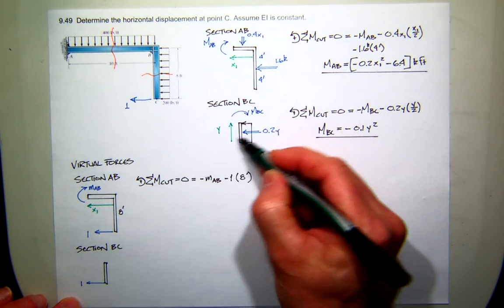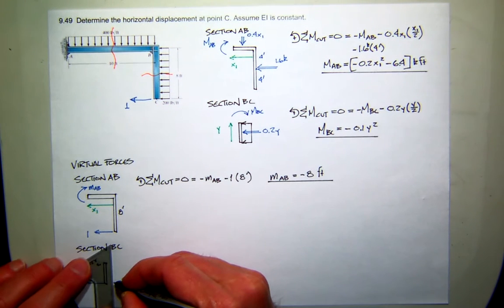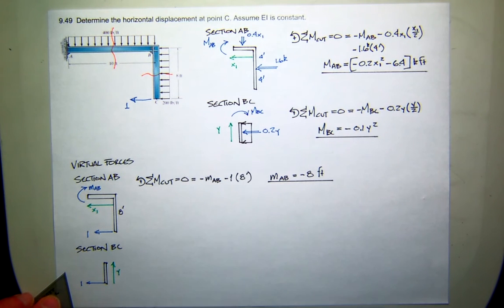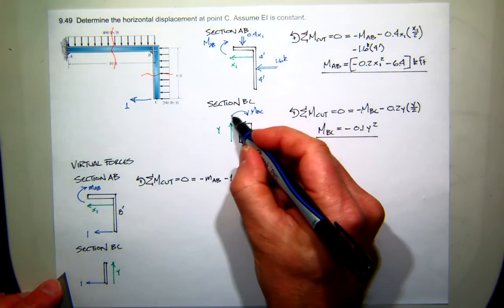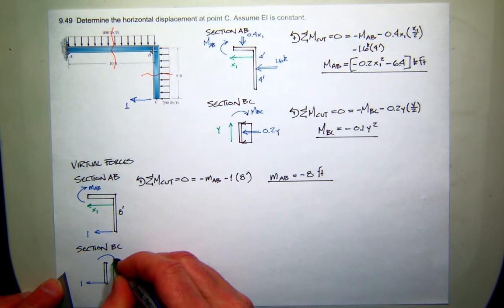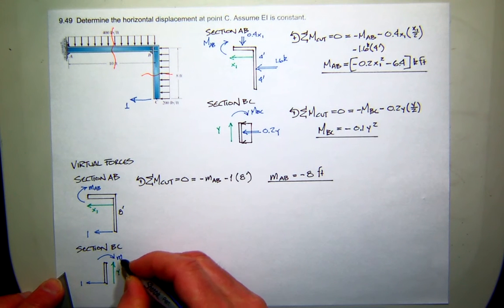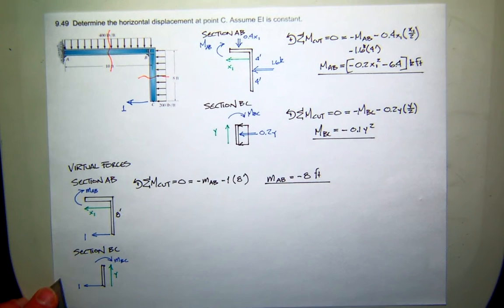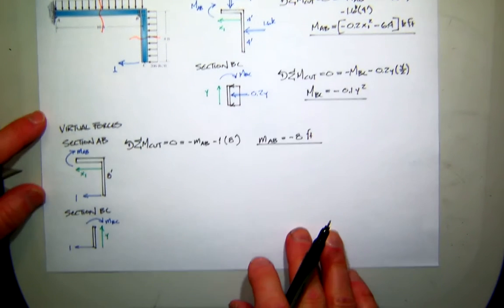And just as we defined previously, that will vary as we move up y, and I assumed a moment in this direction, so I'll assume a moment in the same direction, except this is the virtual moment.